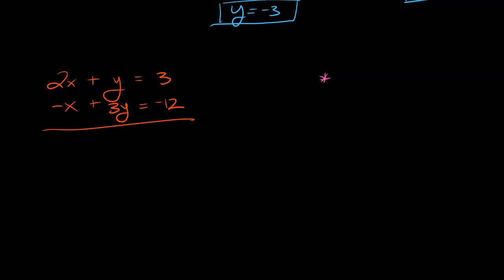That's the first thing we're checking. Are the x's together? Are the y's together? Are the equal signs together? Are the numbers together? Because that's the first thing we always have to check for on elimination.